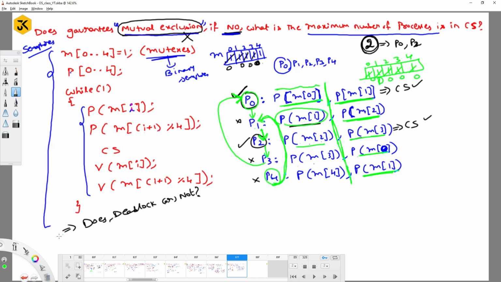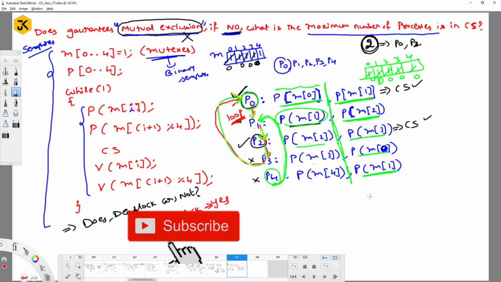But if you look at the exact problem, this is a kind of loop. As you are observing the loop, I can say that there will be a deadlock. Deadlock is yes. This way you have to analyze each and every question if you get any question in the GATE examination. Hope you understood this video clearly.